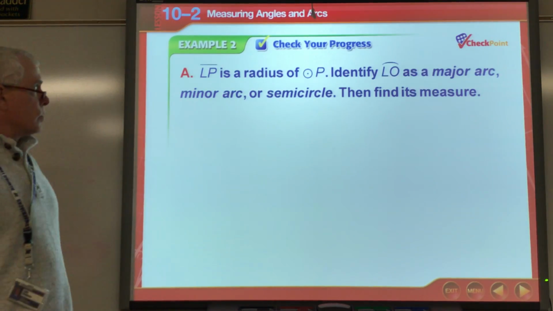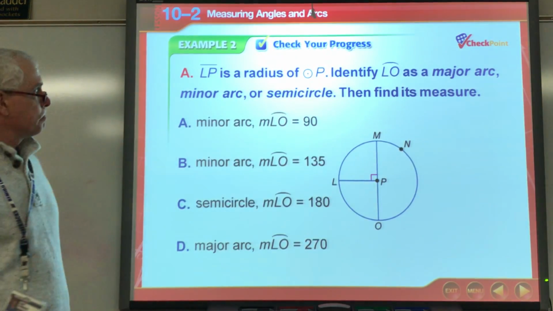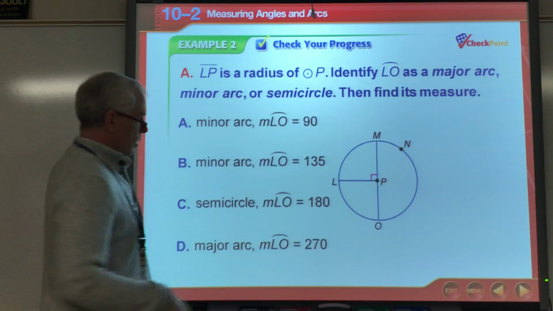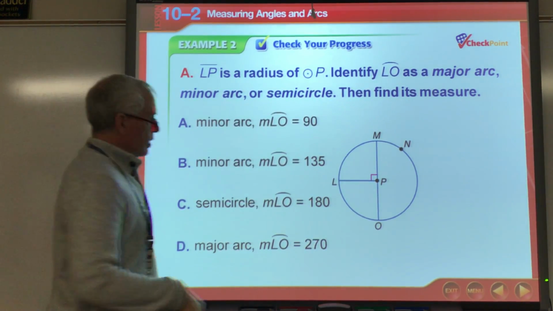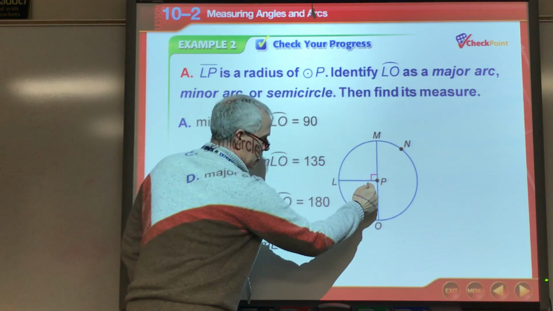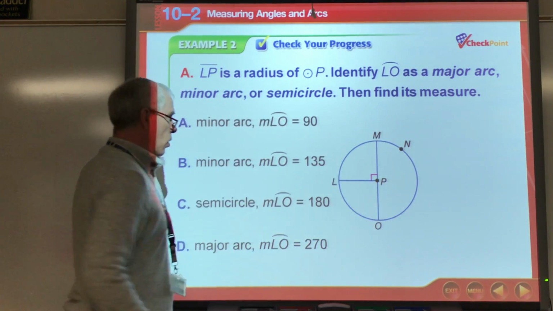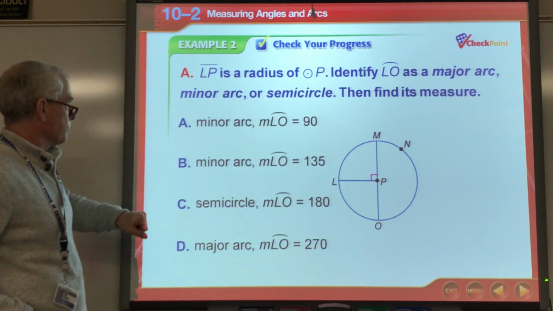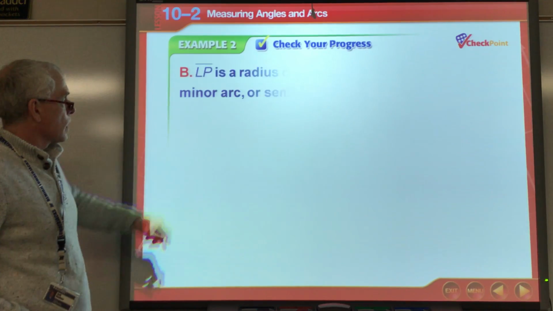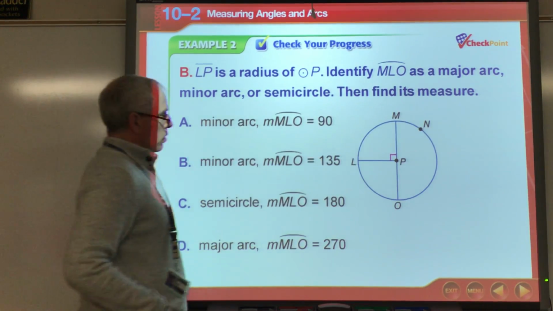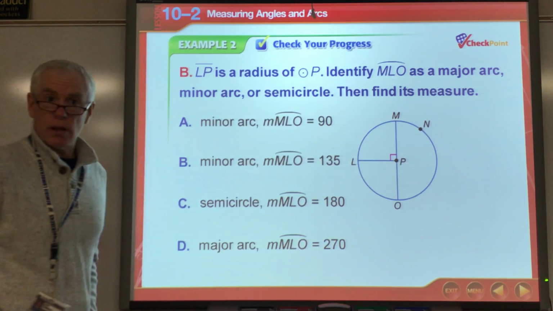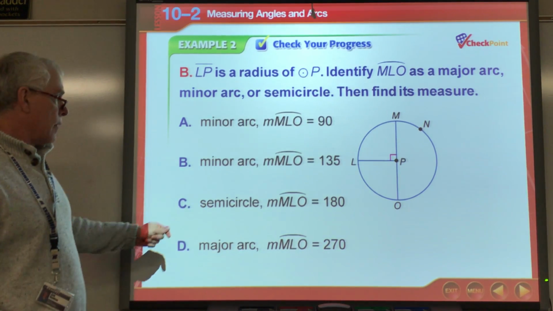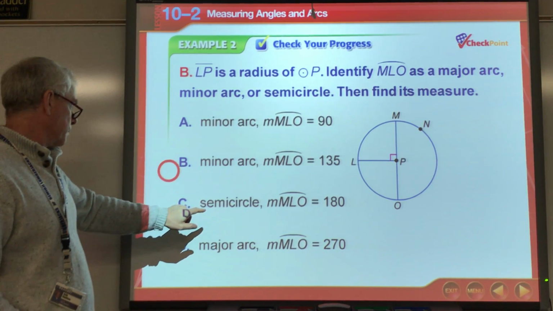Okay, all right, so your turn to give it a shot. All right, LO, L to O. Clearly a minor arc, you guys. And if this is 90 and this is a line, this is 90 here as well. So LO is 90. MLO, from M to L to O is halfway around the circle, which is called a semicircle, and that's 180 degrees.